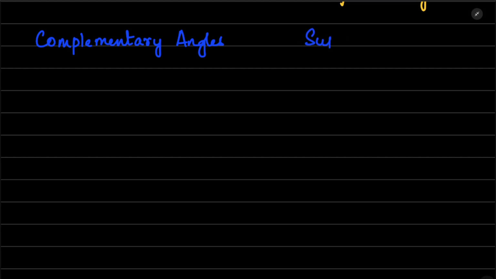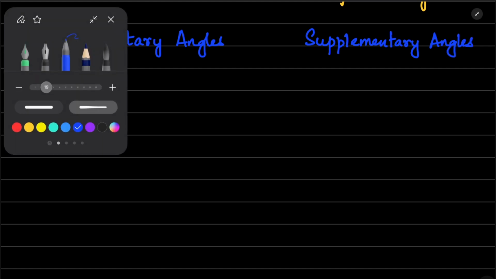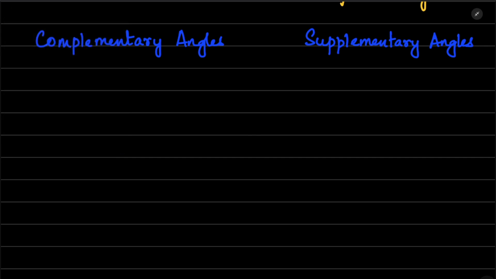Let me write it here itself. Supplementary angles. So, two angles are said to be complementary if the sum of the two angles is equal to 90 degree.